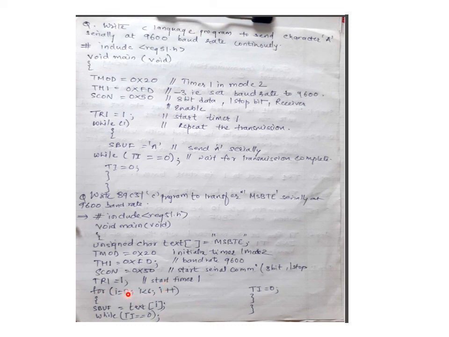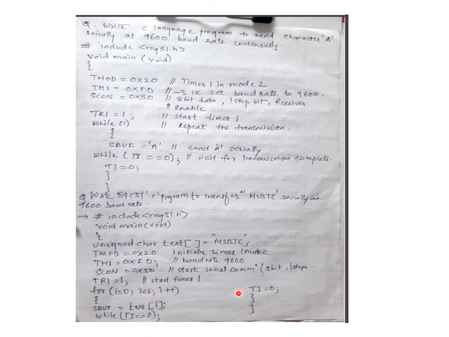So now here is the very important line. For i equal to 0, i up to 6. The 6 here indicates, so see the MSBTE, including inverted commas, the values are total 7. So we have taken 0 to 6, means 7 characters will be transferred serially.